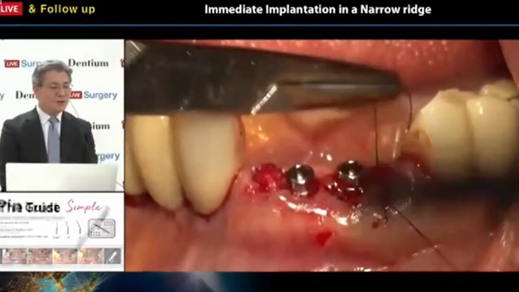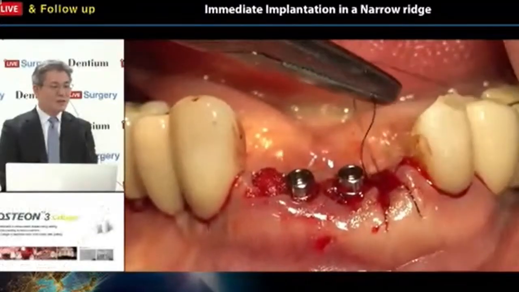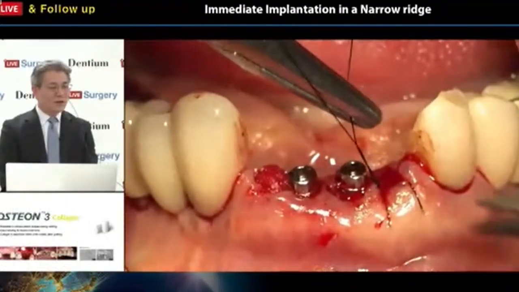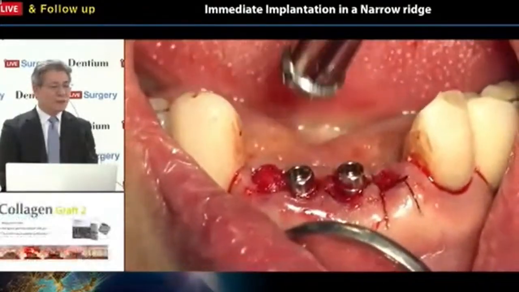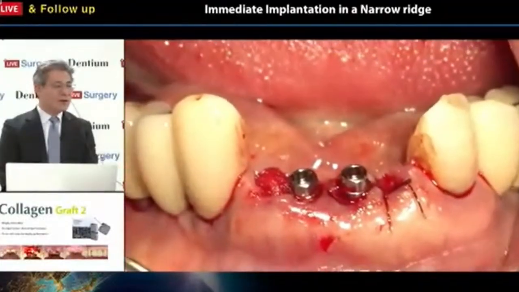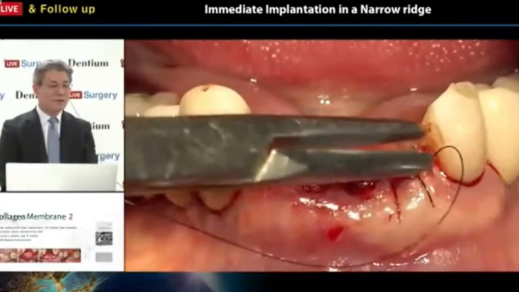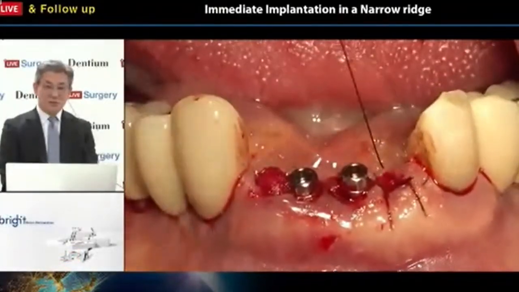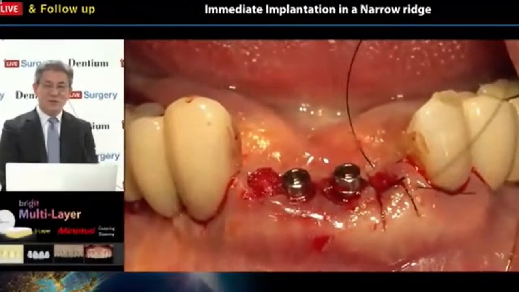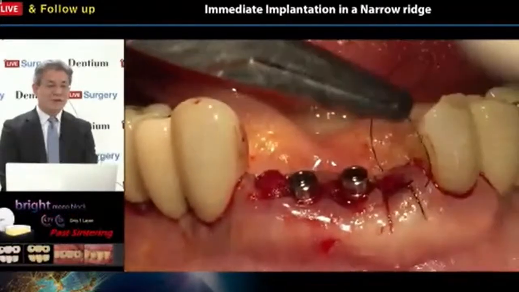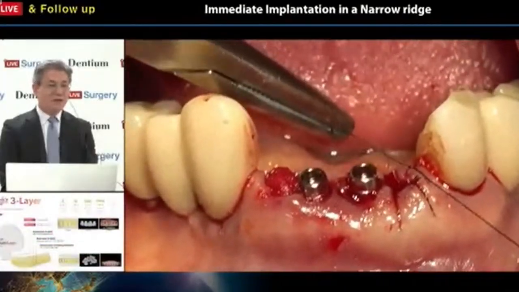Also, the bigger diameter, regular diameter of this Bright tissue level can be used on other locations like premolar and molar also. When you have just 3.0 diameter, it is very small for the molar area. However, even though it is 3.0 diameter, the Bright tissue level is working on the molar area, right? Because of this design.